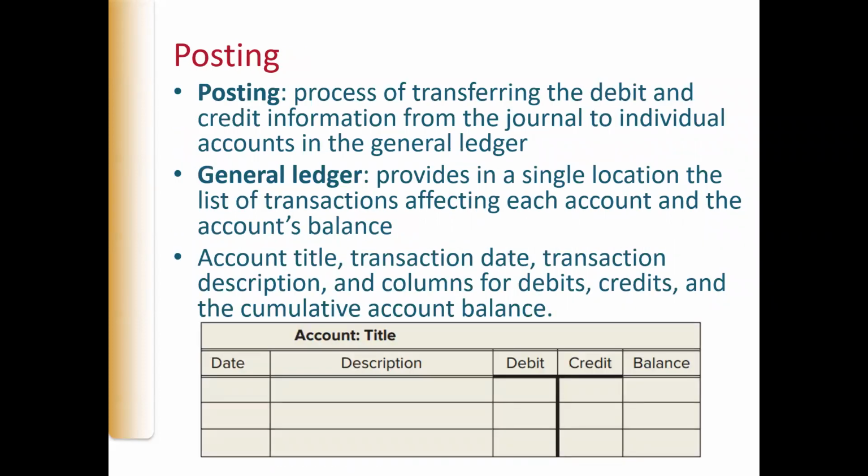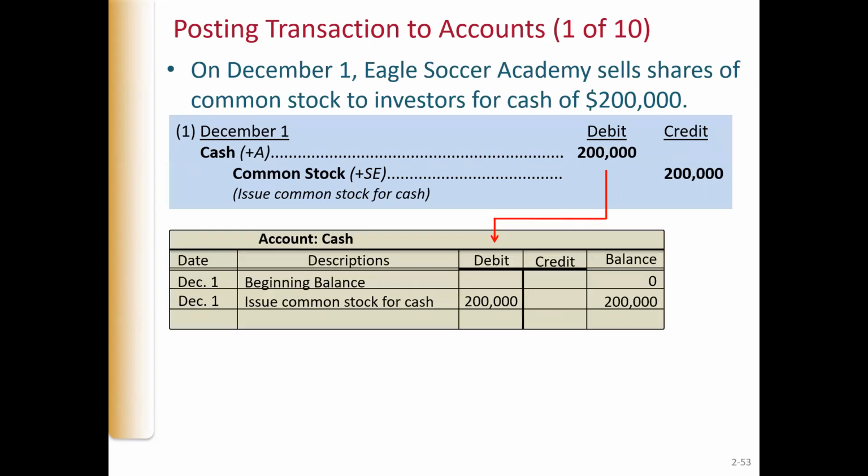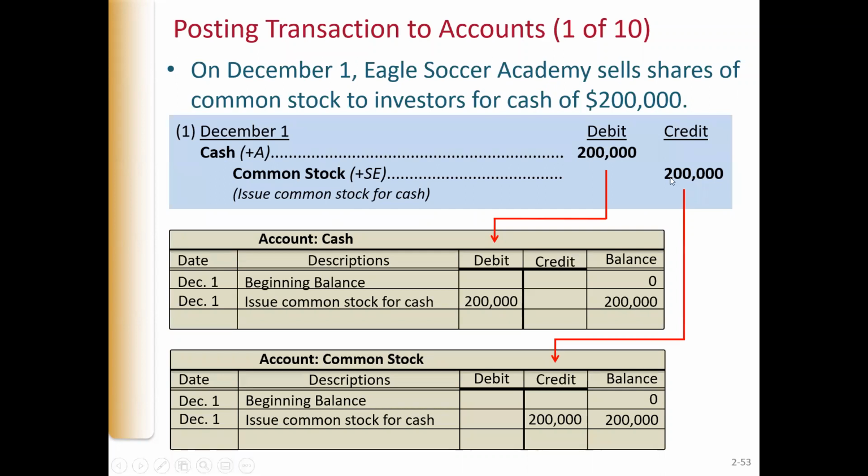So to post just means taking the cash in the journal for 200,000 and transferring it to the cash account, showing December 1st, the description: issue common stock for cash, 200,000. And then we do the same for common stock. We find the account common stock and we credit the 200,000 here.